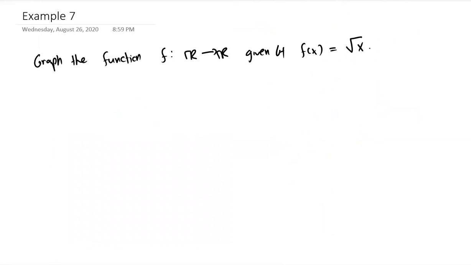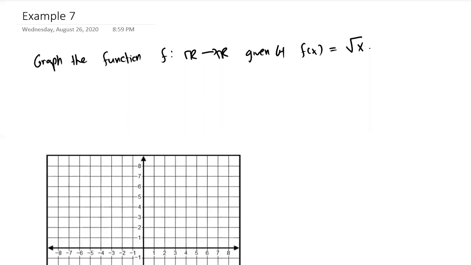Now, for example 7, graph the function f, mapping the reals into the reals given by f of x equals the square root of x. Now, as before, I'm first going to write it in set notation, as ordered pairs.